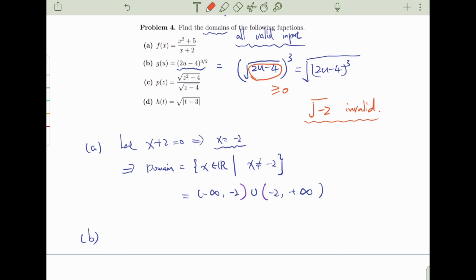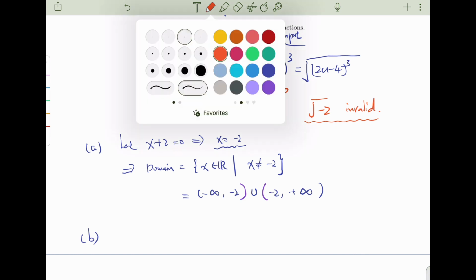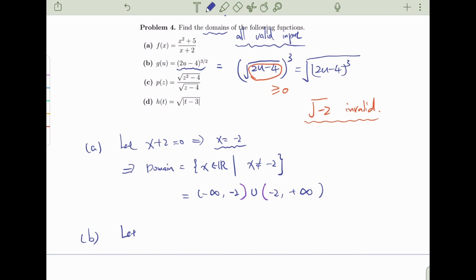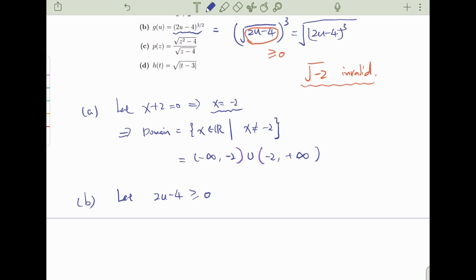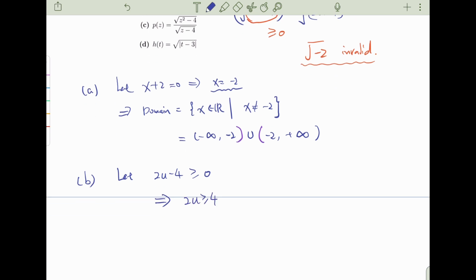So the punchline here is to let the thing underneath your square root, which is 2u minus 4, be greater than or equal to 0, and solve for the valid input. To solve this inequality, we need to move 4 to the other side. So 2u is greater than or equal to 4 right now. And now we can divide both sides by 2, which says u is greater than or equal to 2.